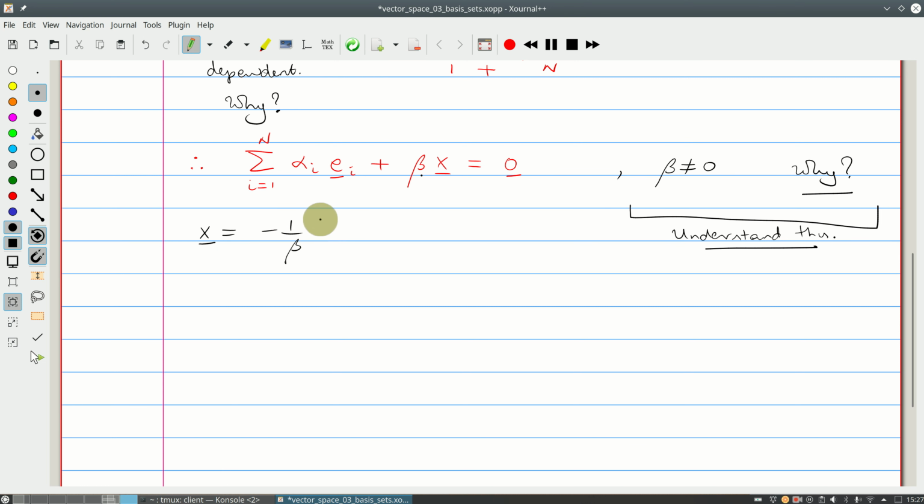Beta is non-zero. Sum i goes from 1 to n alpha i ei, which is equal to the sum i goes from 1 to n of minus alpha i over beta ei, and I'm going to just call this coefficient xi.